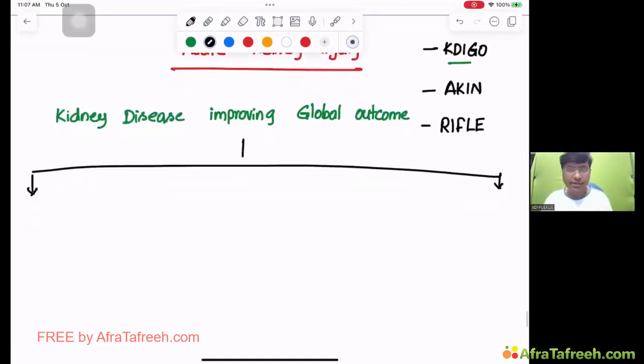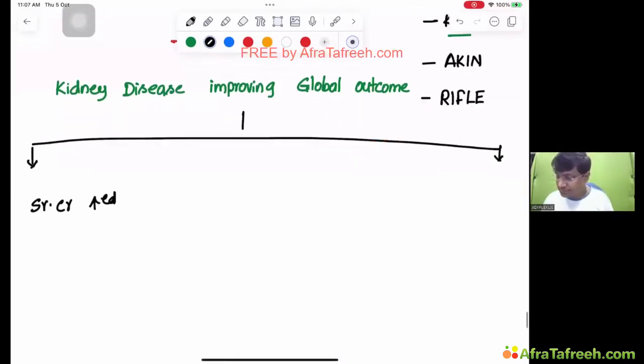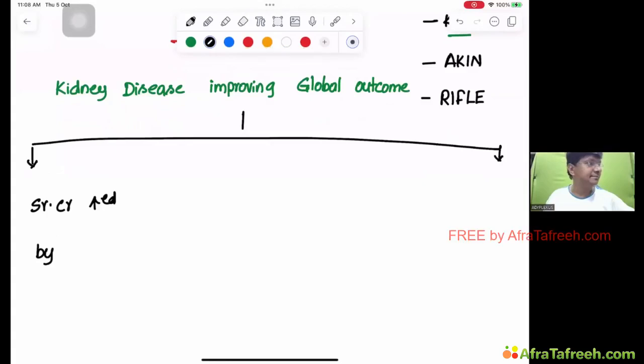So according to your KDIGO, how much should be the increase in the serum creatinine? Does anyone know the normal value of the serum creatinine?